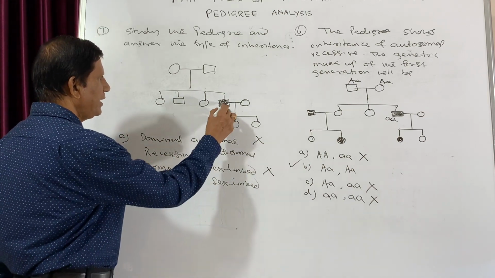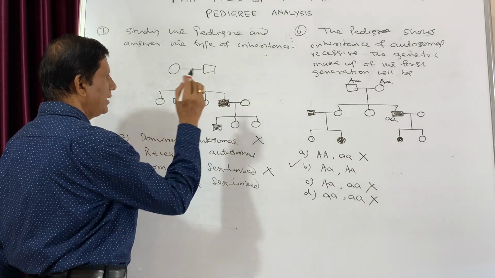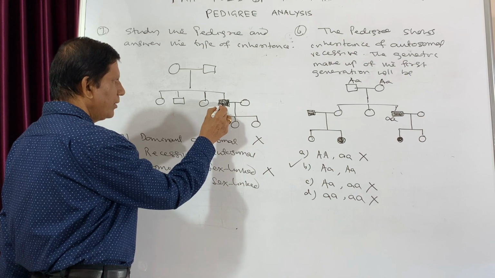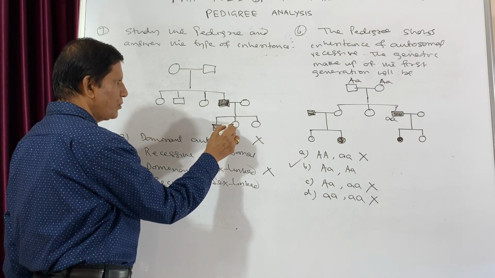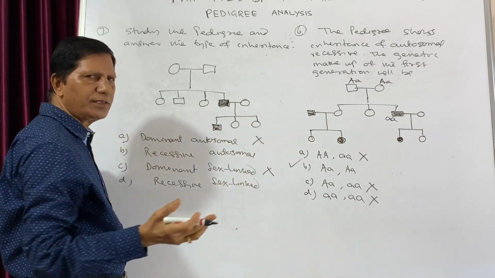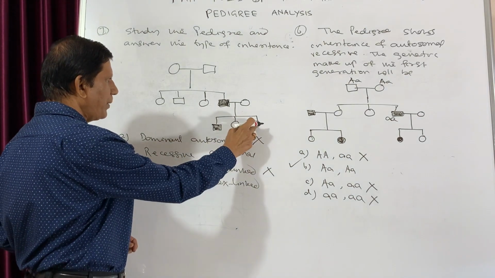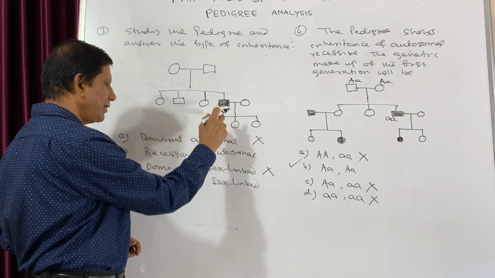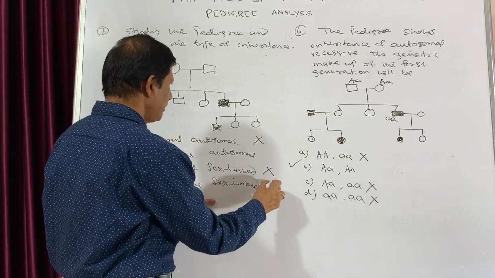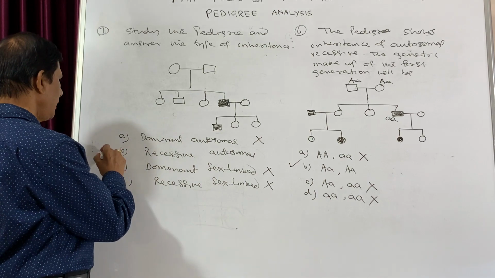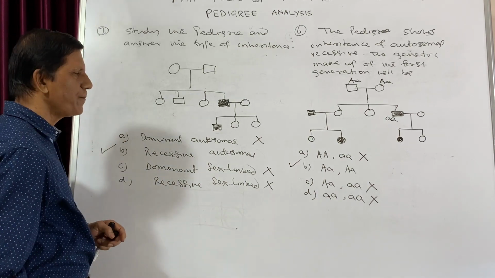Now you see, this male is diseased, and always the X chromosome from the father goes to the daughters, but the daughters are unaffected. So since the daughters are unaffected while father is affected, it can never be sex linked. So the only one choice, this is recessive autosomal.